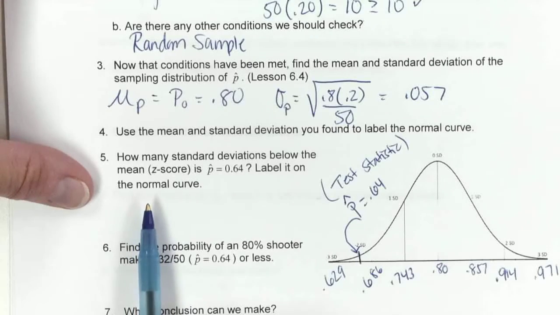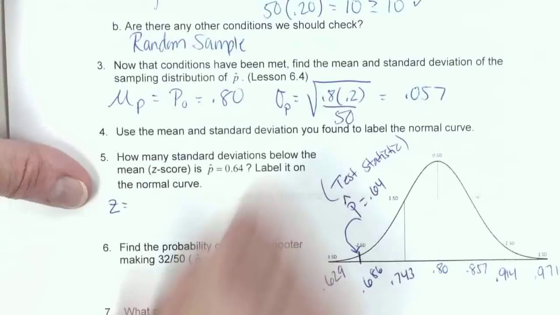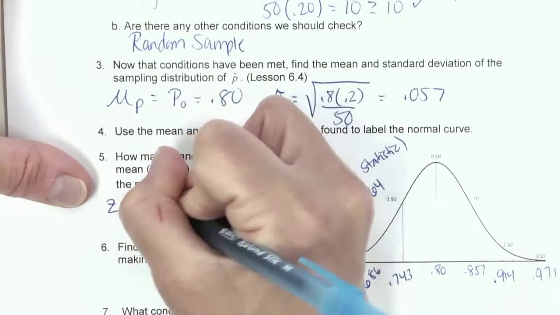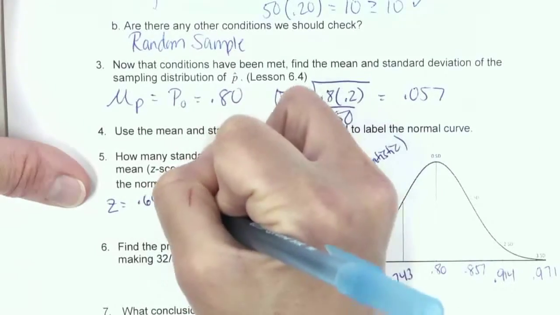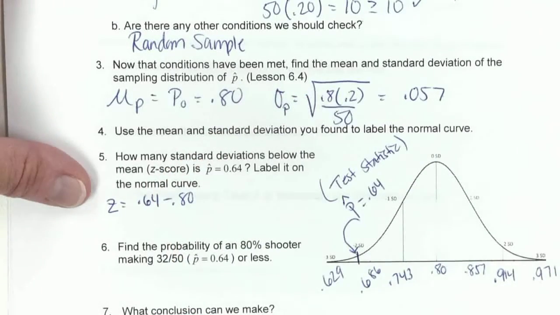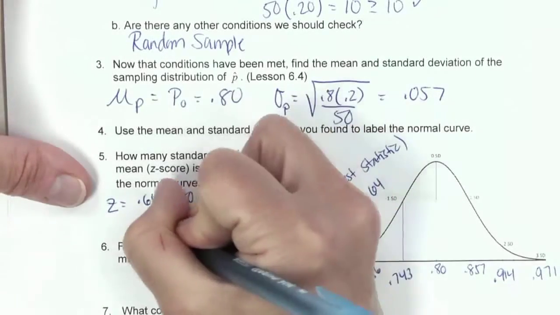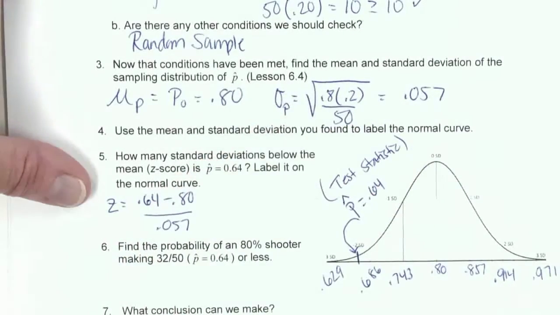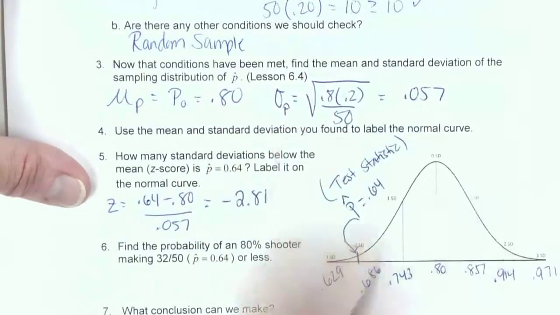So how many standard deviations below the mean is that? Well, our good old z-score formula is helpful for that. 0.64, what we observed, minus 0.80 is how far in percentages below the mean it actually falls. Divide by the standard deviation, now we know how many standard deviations below, and we're going to get negative 2.81.